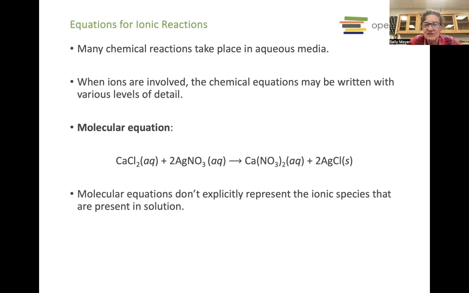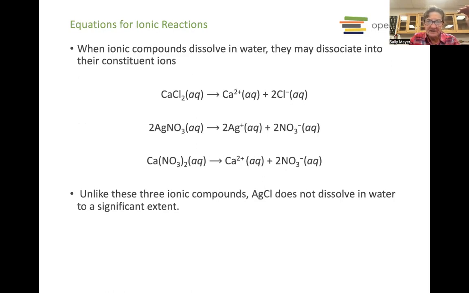So molecular equations don't explicitly represent the ionic species that are present in solution. And in order to understand what that means, I think it's best to go on to writing a net ionic equation. So when ionic compounds dissolve in water, they can dissociate into their ions.